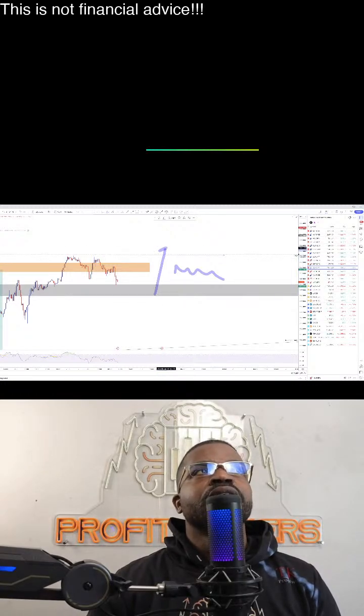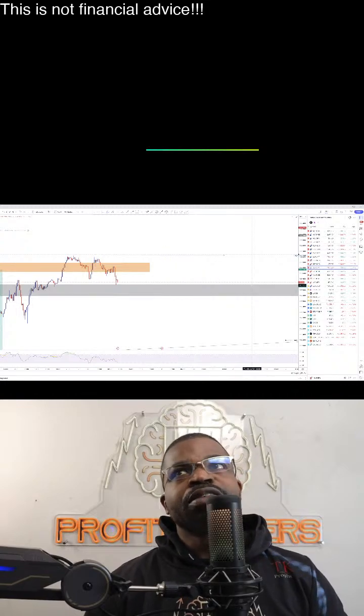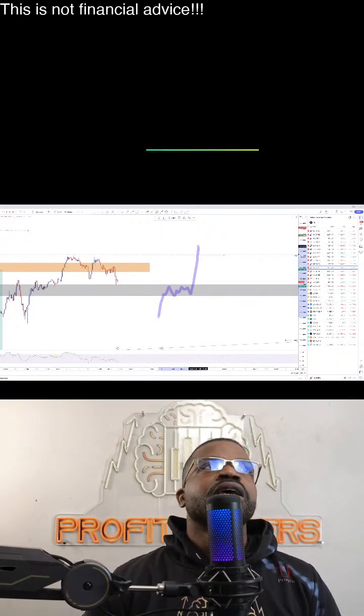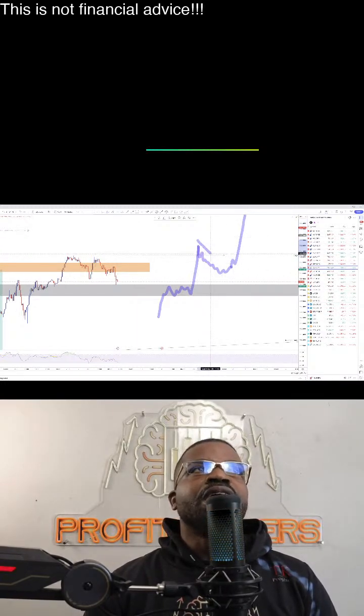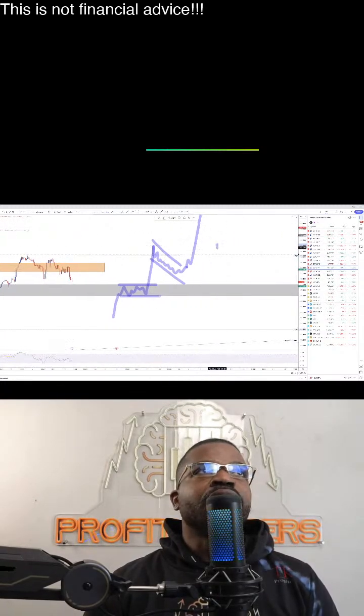It's going to be consolidating like this, moving up, or moving down. But in the process of moving up or moving down, you will see price pull back, consolidating, and you'll see it move in the continued direction. The same thing for the downside.